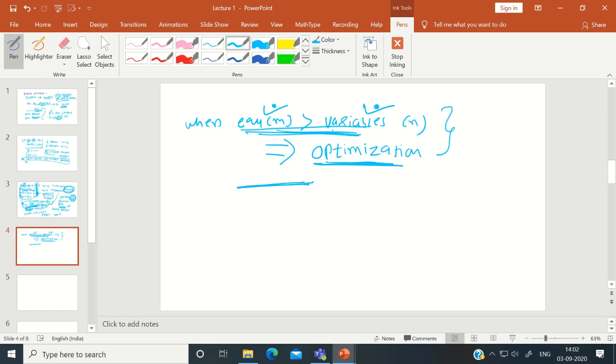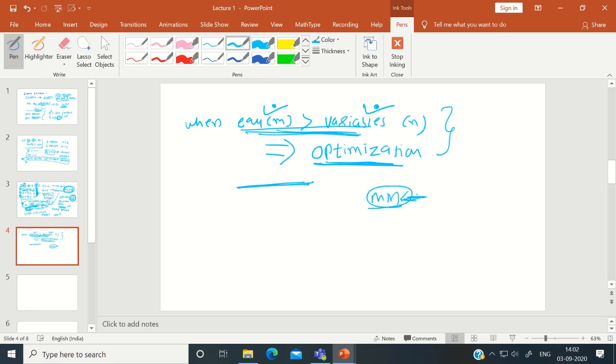Suppose you want to minimize the cost of your simulation project, or the cost of any plant, or the operational or running cost of the system, then you have to use optimization. There is no other way. If you don't use optimization, then you will not minimize the cost.